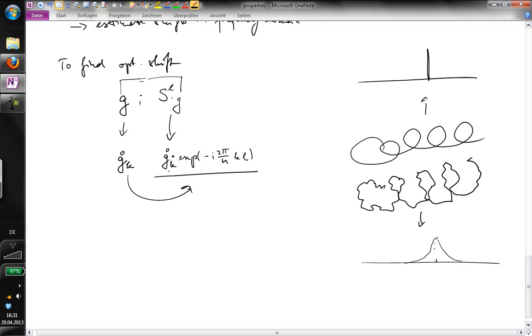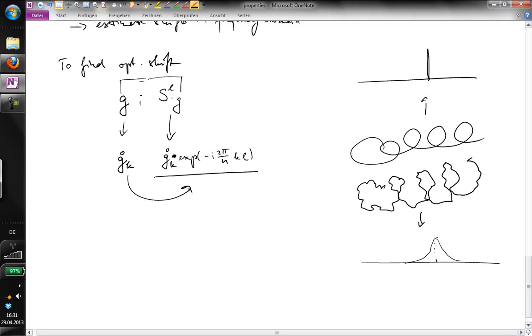So you're mentioning the convolution theorem, which we will talk about in a minute. And the convolution theorem indeed tells us that this multiplication in the Fourier domain corresponds to a convolution in the spatial domain.